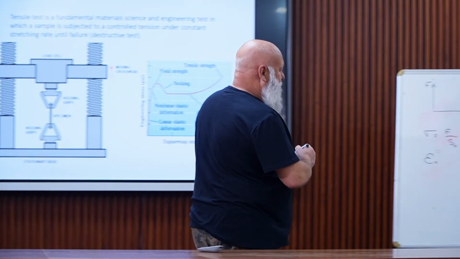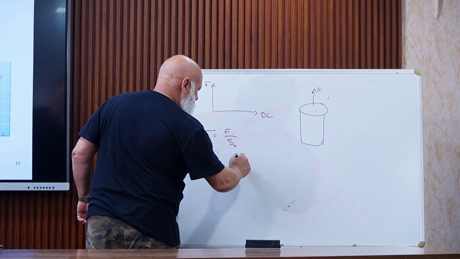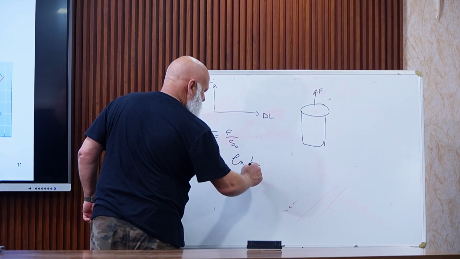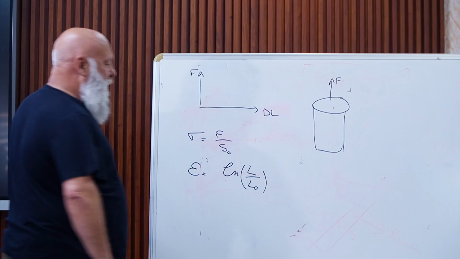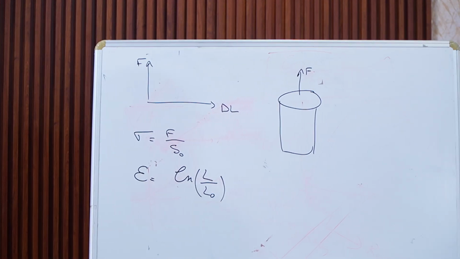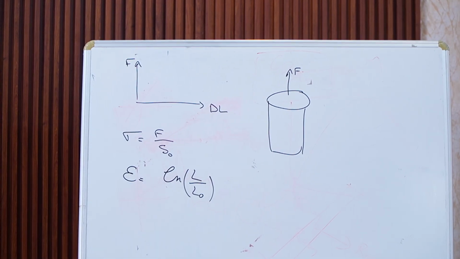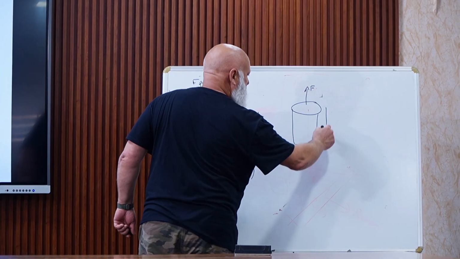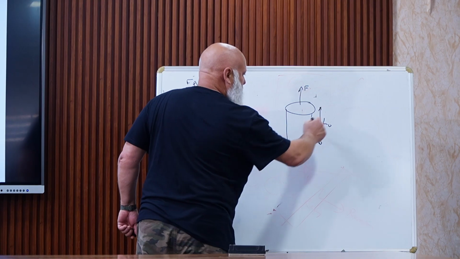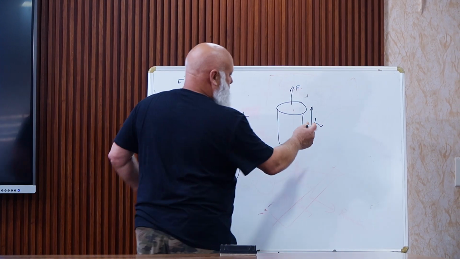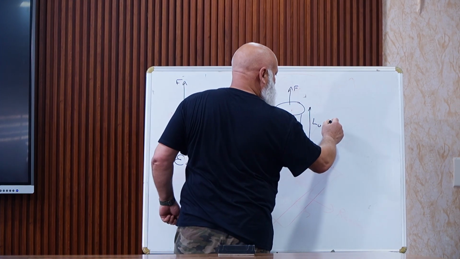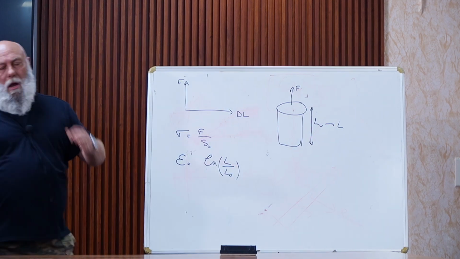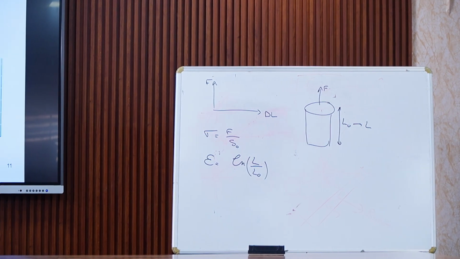The strain is defined by this equation. It is the logarithm of the actual length divided by the initial length. So this is the initial length before applying the force, and then it increases when applying the force, and it decreases for a compression test, of course.